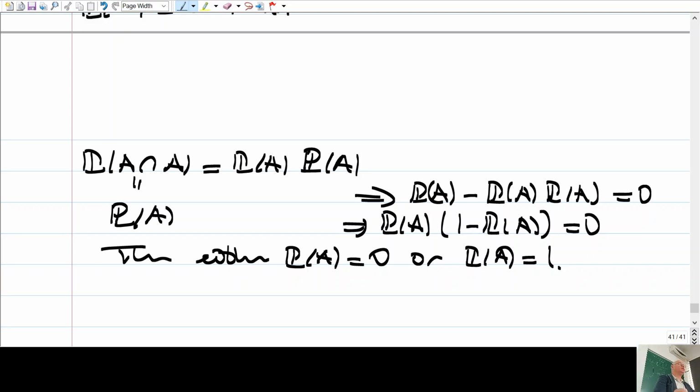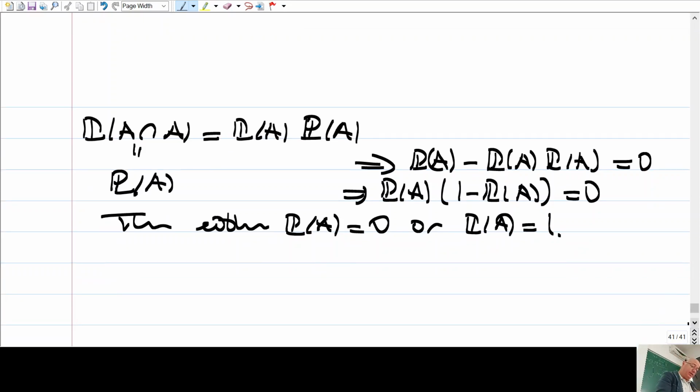I cannot say that A is the empty set or the whole space, because A could be something which has probability 0, but it doesn't have to be the empty set, right? There are events whose probability is 0, but they may not be the empty event.